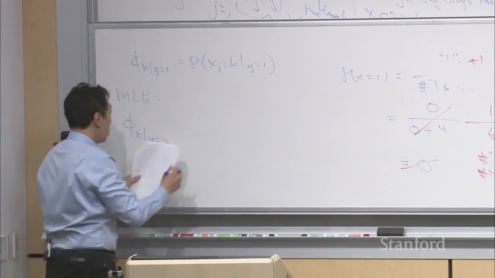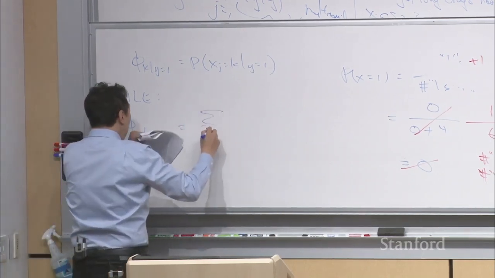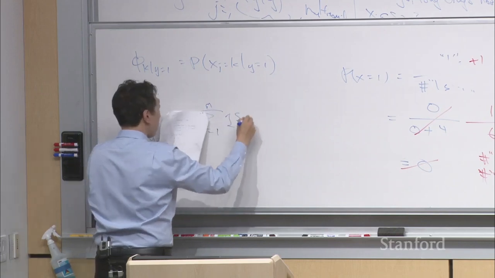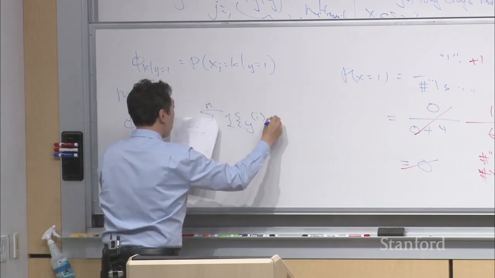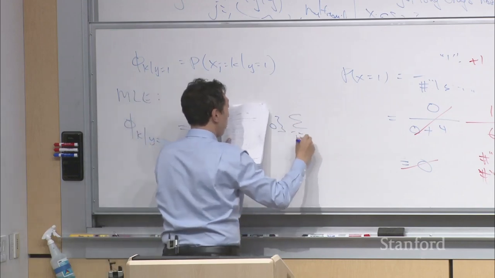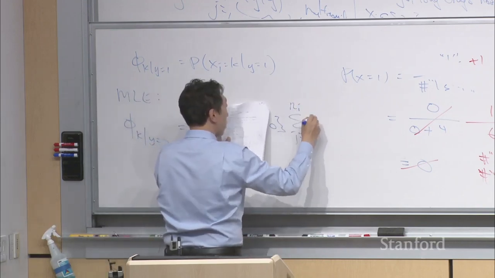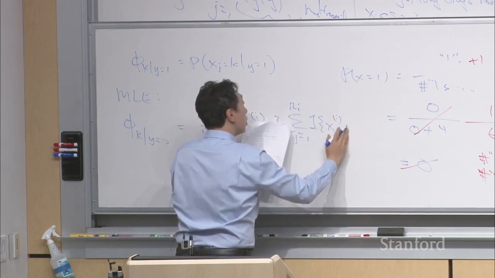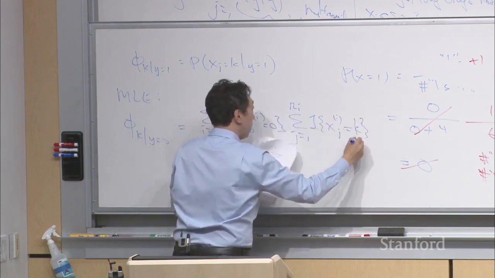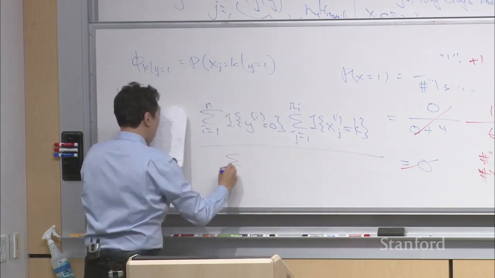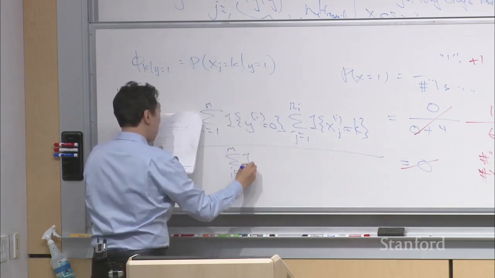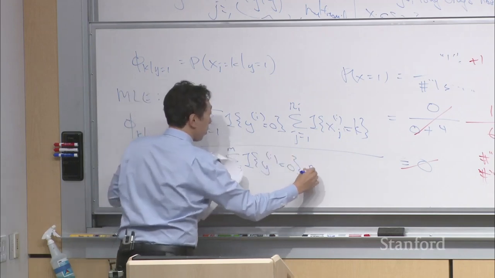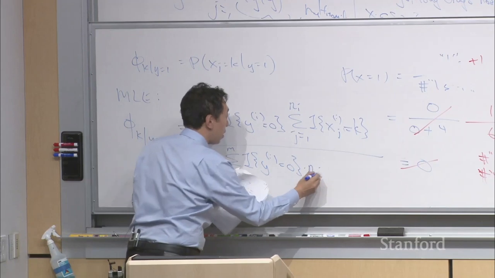The chance of that is equal to... I find that this indicator function notation looks complex, so I'll just say in a second what this actually means.